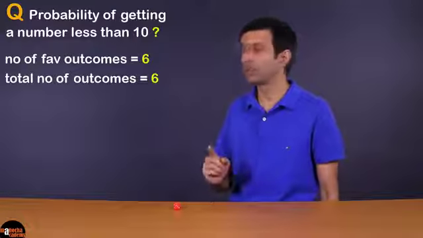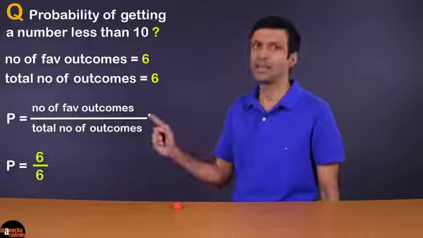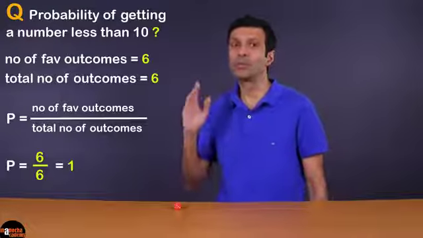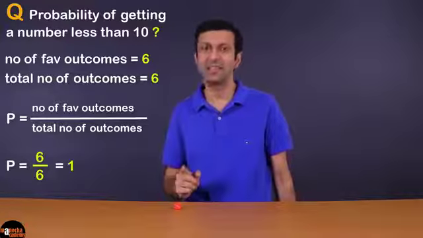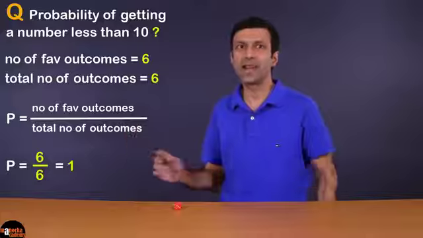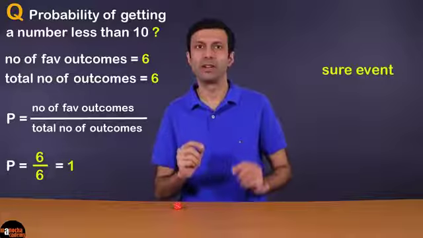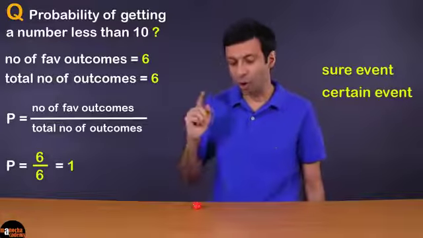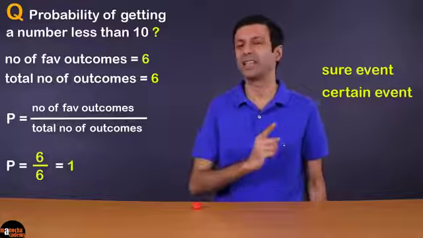So the probability is going to be 6 divided by 6, which is equal to 1. So the probability of getting any number less than 10 in a dice is 1 or 100%. And this is called a sure event or a certain event because whenever you roll the dice, you're always going to get a number less than 10.